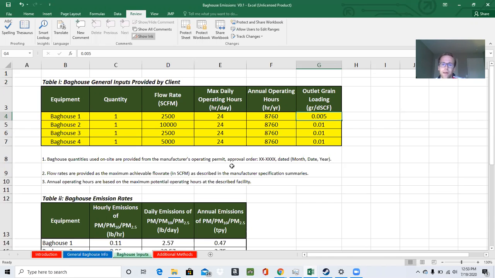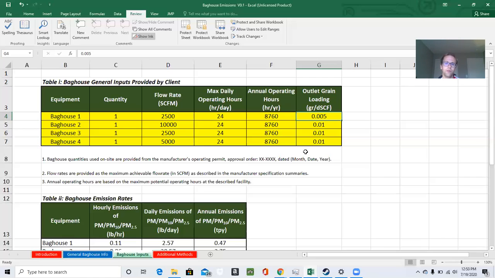You also need to show that your maximum pounds per day are not exceeding your threshold as well. And on a ton per year basis, you need to know where you stand in terms of, are you a major source or a minor source when we factor in all your different emission sources.